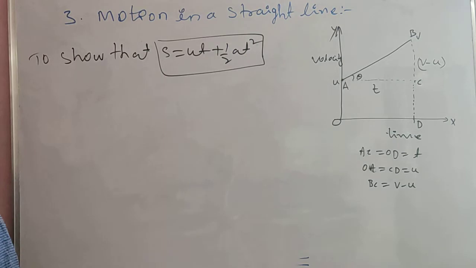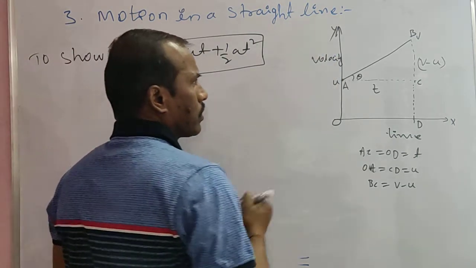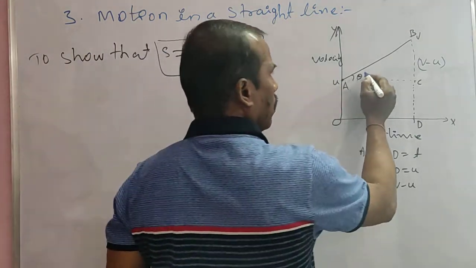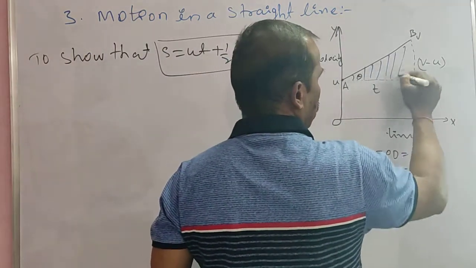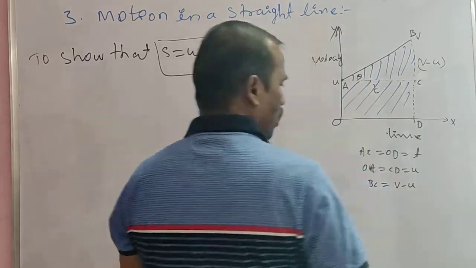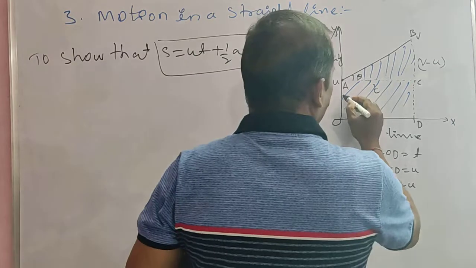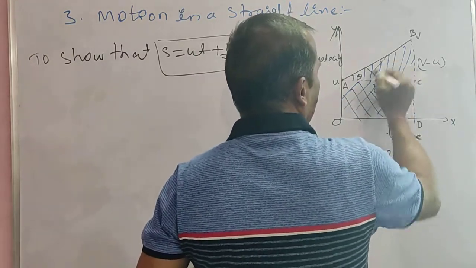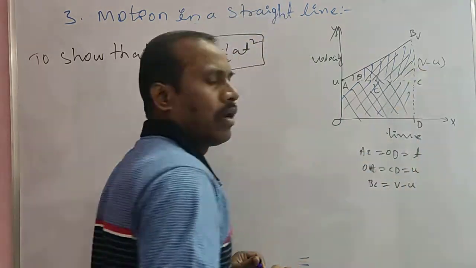Now, very simple, in this velocity time graph there are two parts: one is a rectangle, another one is a triangle.